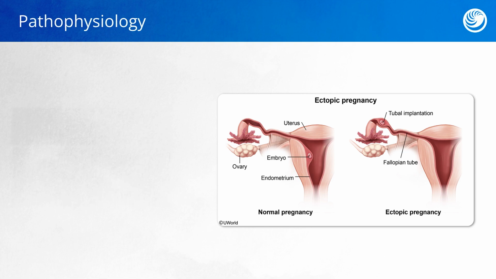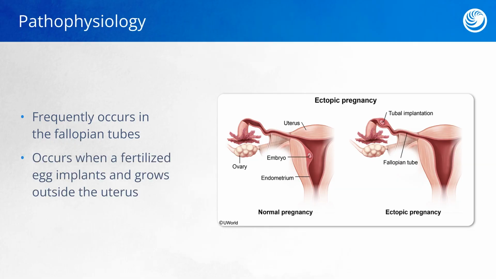It's important that pregnancies are able to implant in the uterus because the uterus can expand as the pregnancy grows. In contrast, an ectopic pregnancy is a pregnancy where the implantation of that fertilized egg is not inside the uterus. Most commonly, this is when it implants in the fallopian tube. When the egg is released and meets the sperm, the fertilized egg cannot travel the remainder of the fallopian tube to reach the uterus.